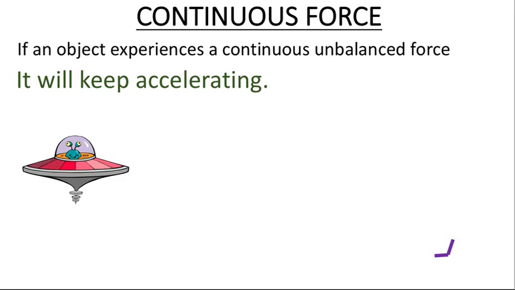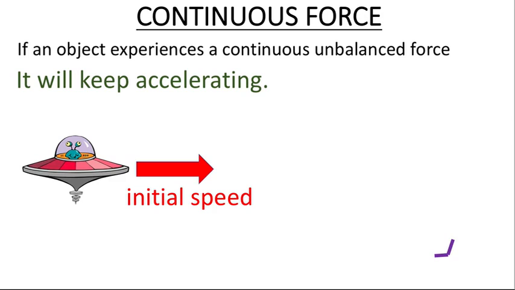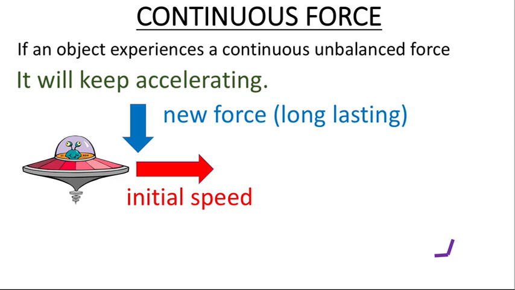So in our example, you have a spaceship that is gliding sideways when it activates its thrusters, and it leaves the thrusters on. So there is now a downward force pushing on the ship, and it lasts for a long time.